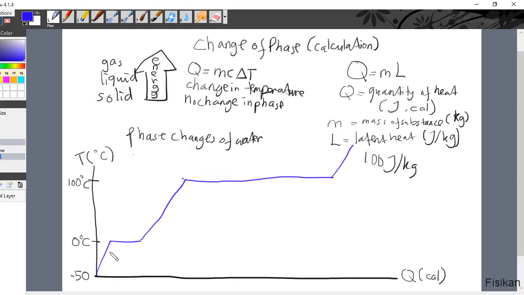Okay, so this triangle part is where the water is in ice form, and here the process contains not only ice but ice and liquid water.